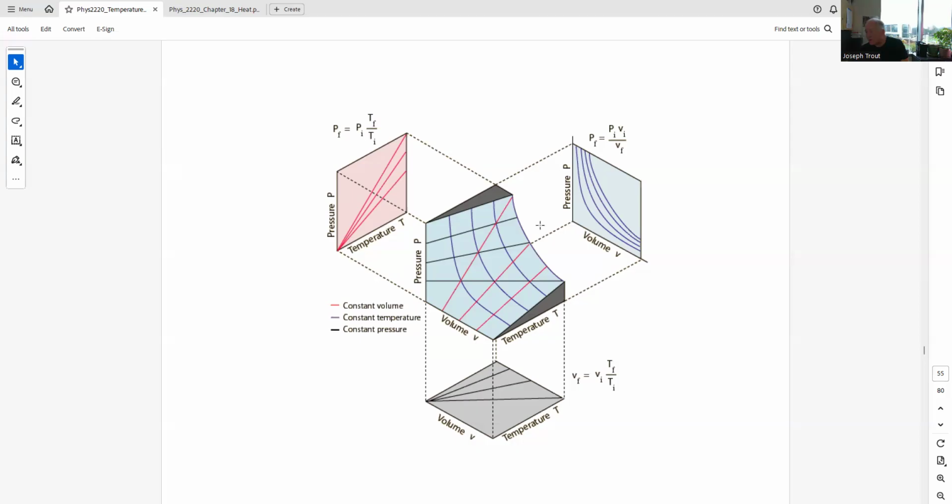And if we hold temperature constant, we'll take a slice this way, and what we get is our lines of constant temperature, where the pressure changes with the volume. And finally, volume versus temperature, holding pressure constant, is linear also.